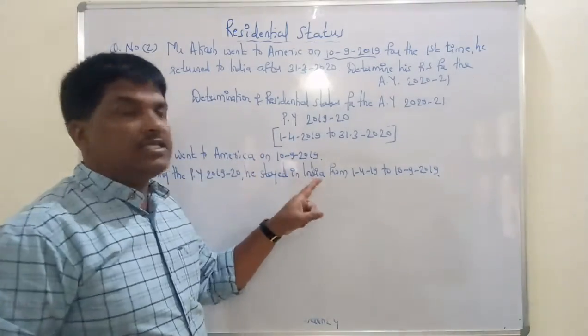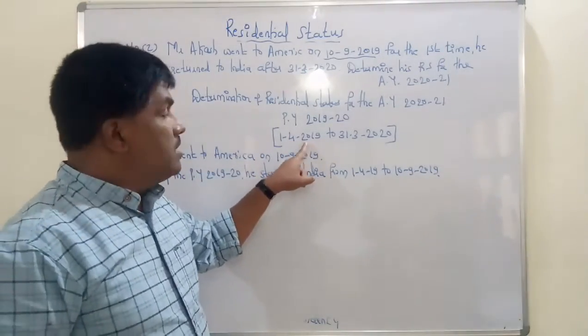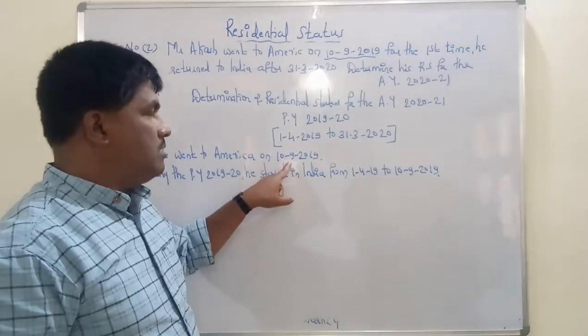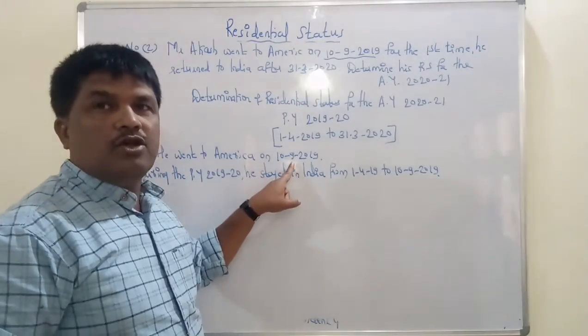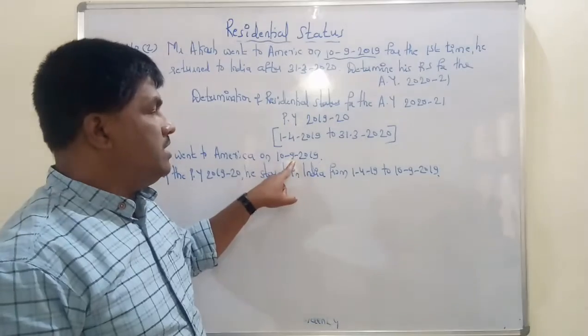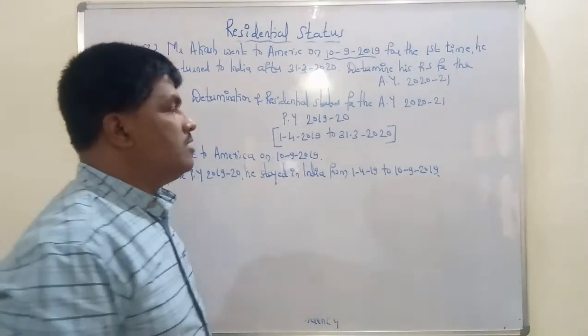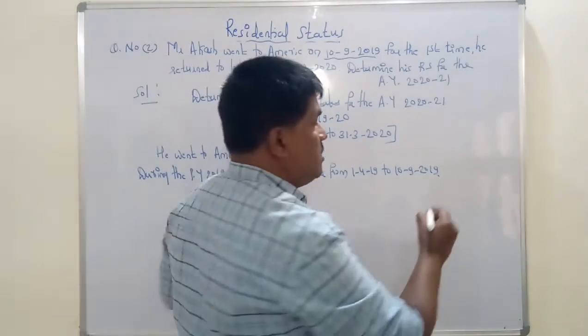Because our previous year starts on 1/4/2019, he went to America on 10/9/2019. It means during the previous year he stayed in India from 1/4/2019 to 10/9/2019.